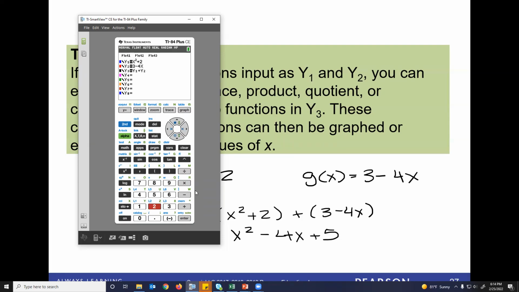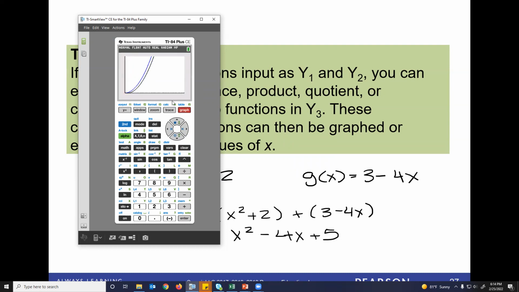But you can use the calculator to do this. If you want to put in the y1 and y2, you have to vars, y-vars, function, y1, and then plus, and then vars, y-vars, function, y2. It's a lot more steps for my TI-83s, whereas my TI-84s have a pop-up menu, which makes it a little bit easier for them.